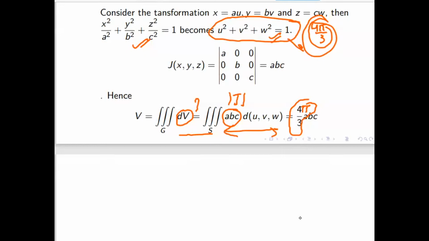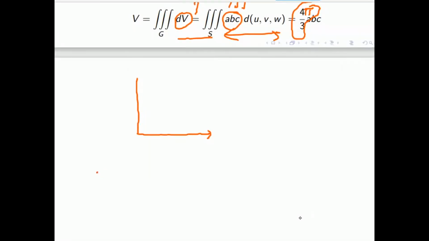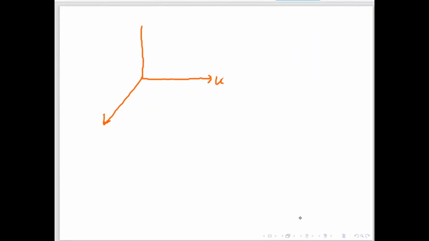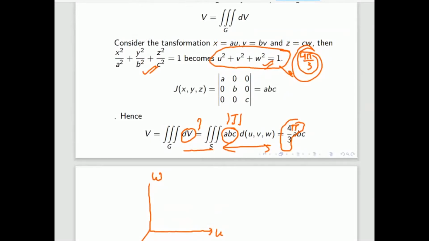Okay, sir. So first I will draw this sphere in the UVW plane. So this is U, then this one is W, and this one is V. So here we have to find the volume of this sphere, so that we can apply this limit and the answer will come.